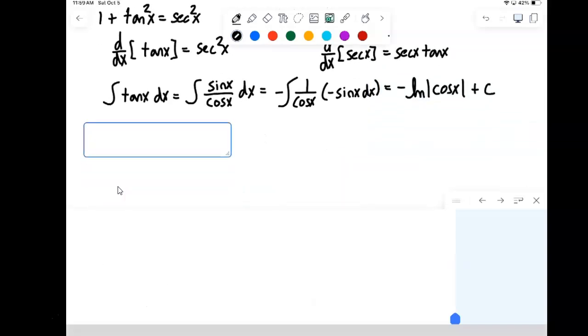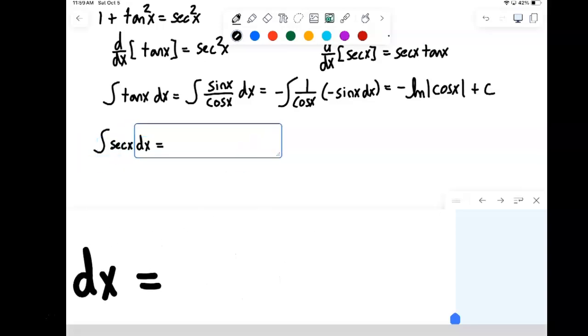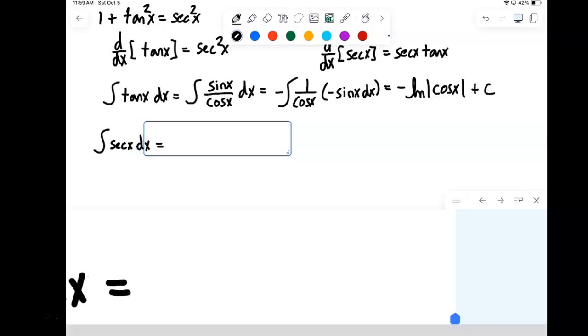And then for secant, what we do with secant is we multiply both top and bottom by secant x plus tangent x.